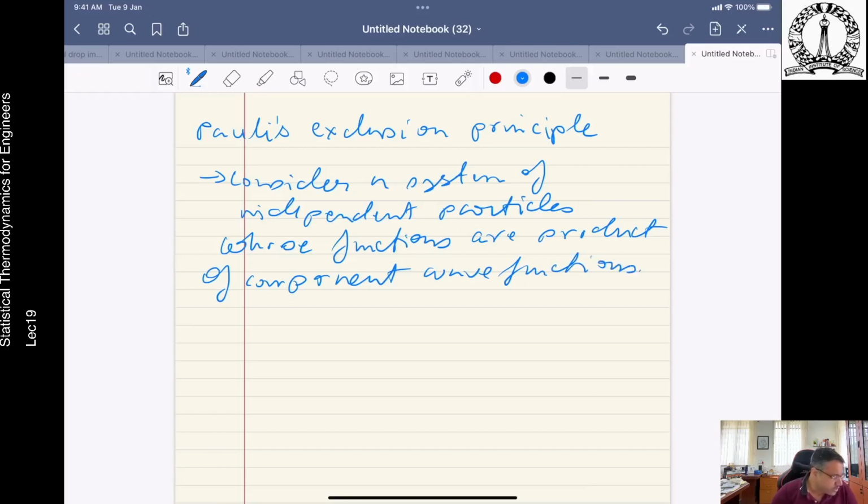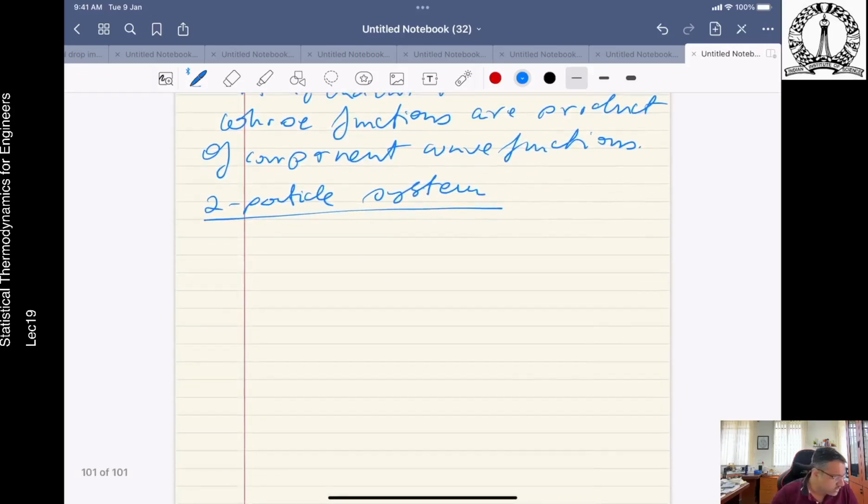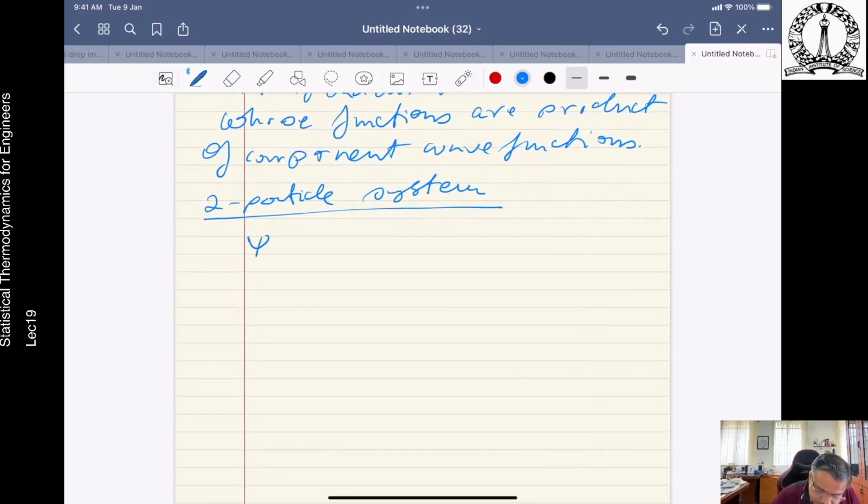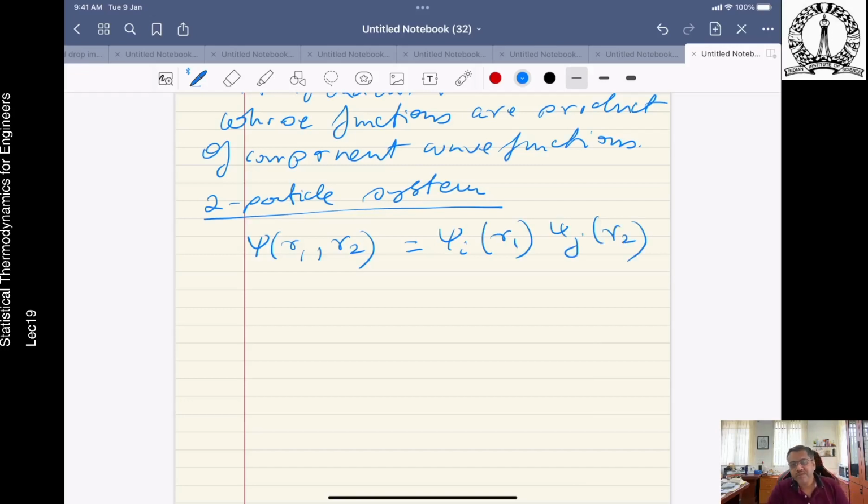Let's take a two-particle system. In this two-particle system, the total wave function psi(r1, r2) is given as psi_i(1) psi_j(2). It's a product of the two wave functions.